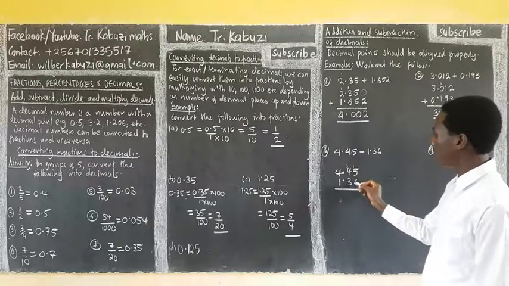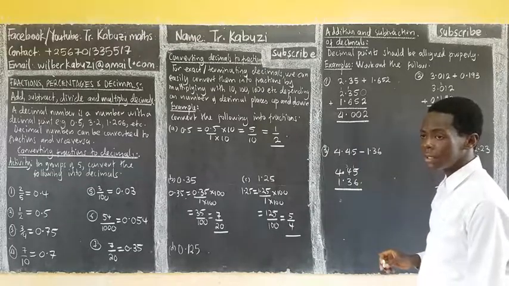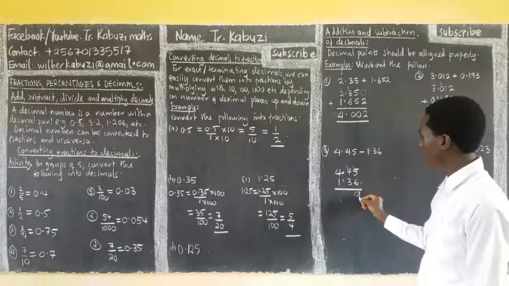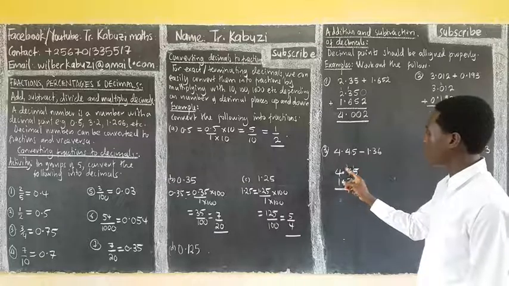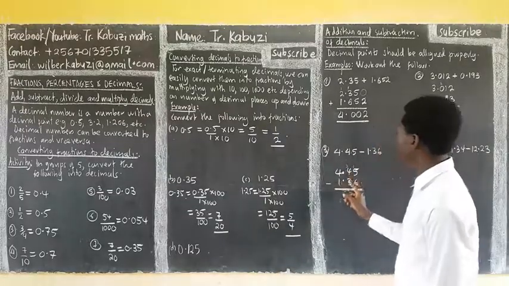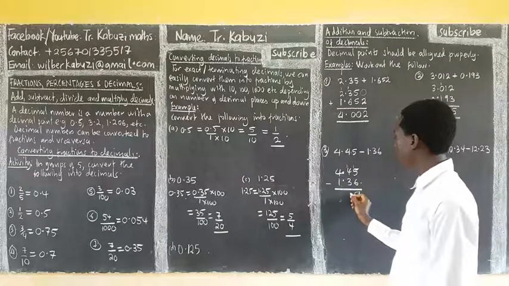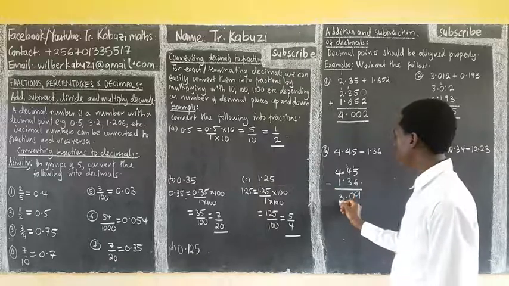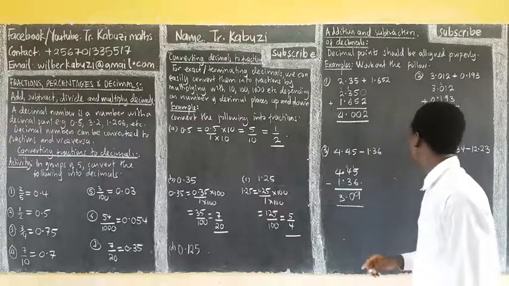So 15 minus 6, we get a 9. Then here remember we borrowed 1, so we are remaining with 3. 3 minus 3, there we have 0. Point. 4 minus 1, we have a 3, and that becomes our answer.